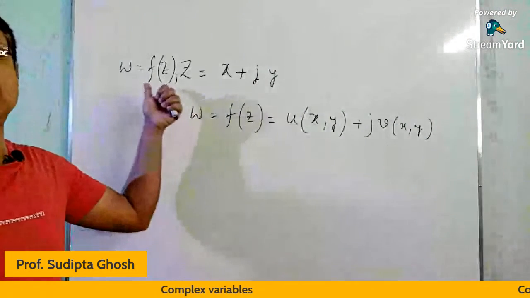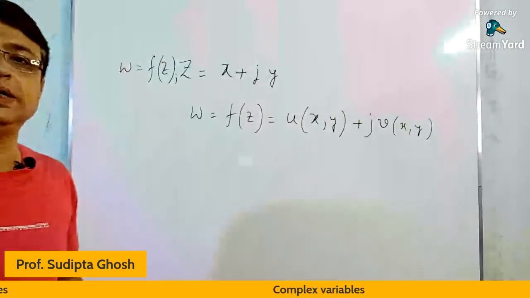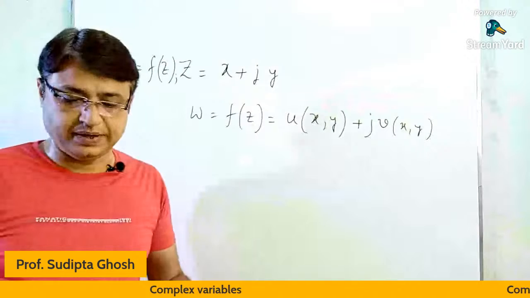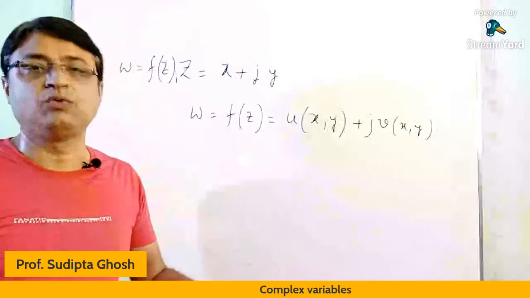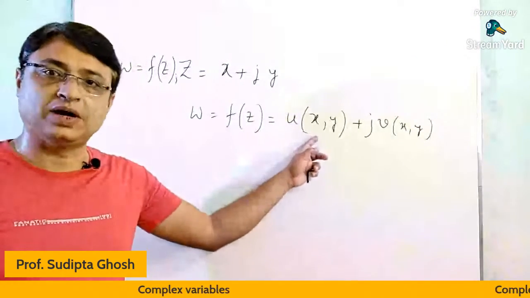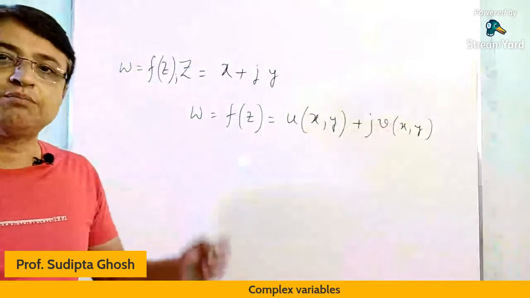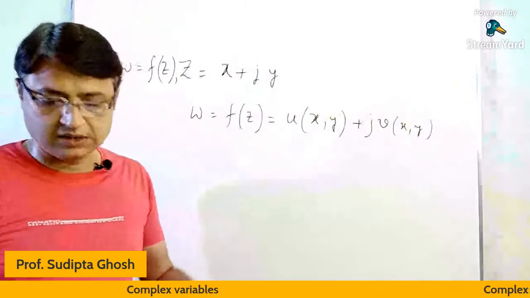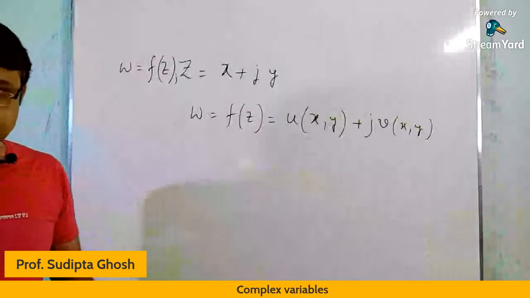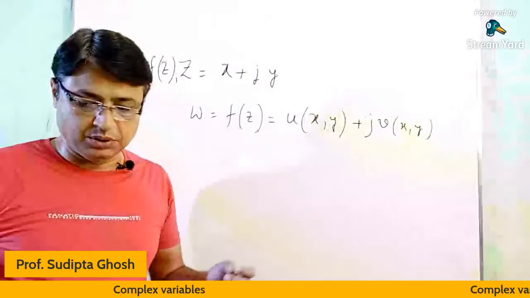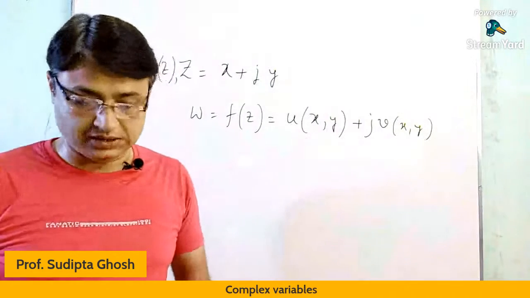Then W is a complex quantity and it can be expressed as W equals f of z, and that equals u(x, y) plus jv, which is also a function of x and y, where both u and v are functions of real variables x and y. Now, W may be a single valued or it can be a multi-valued function.